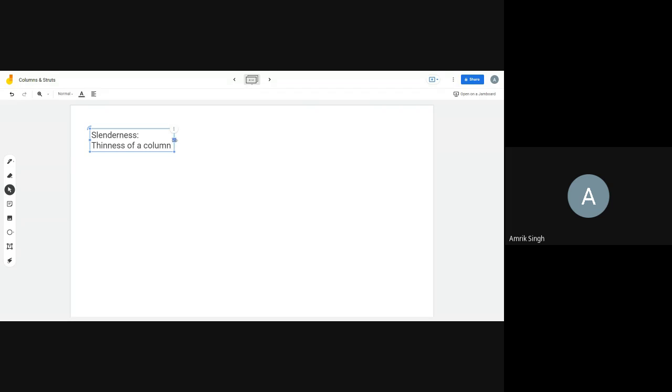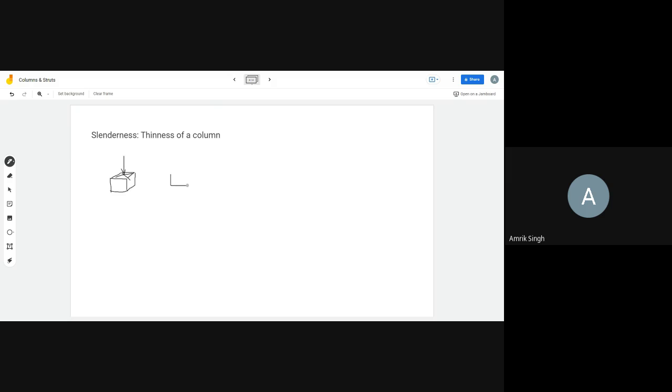So if we draw, say, the short figures, say a short block is like this, and if you apply the load here, it is a short column, okay?